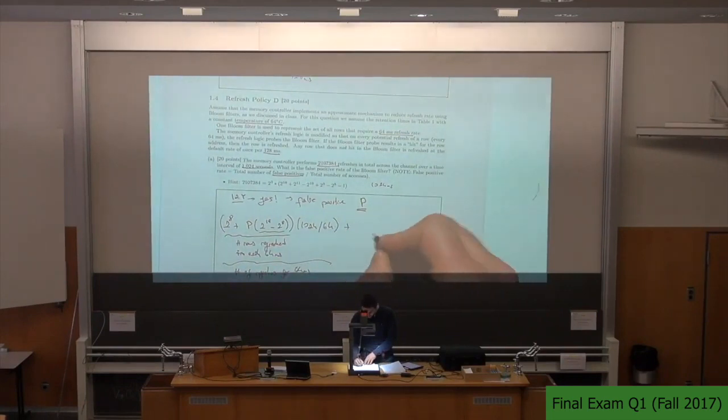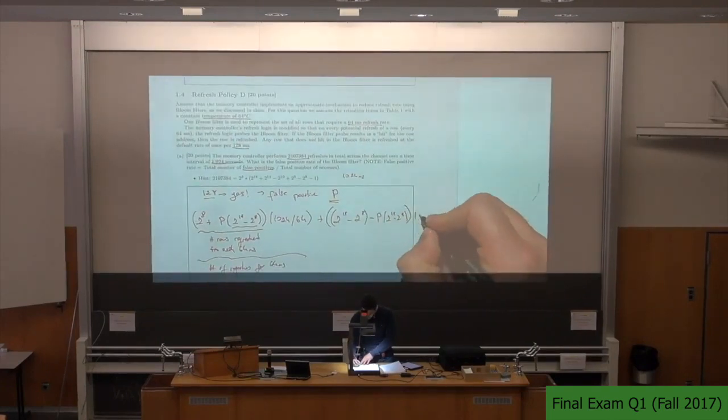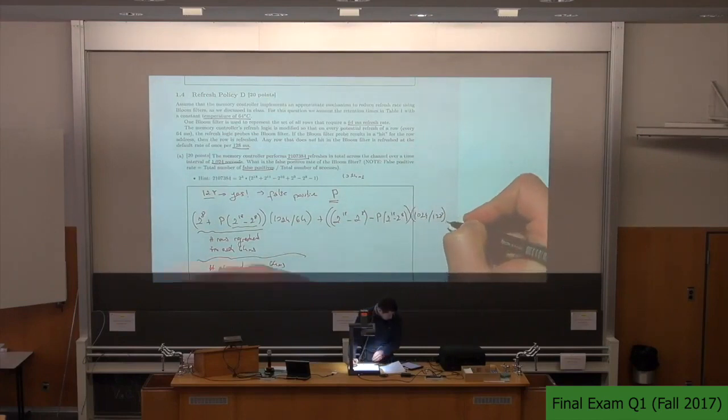Plus, we also have 2^18 minus 2^8 multiplied by, I guess, yes.